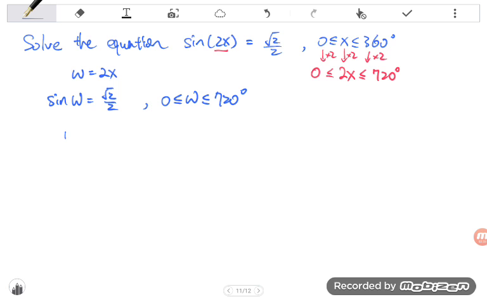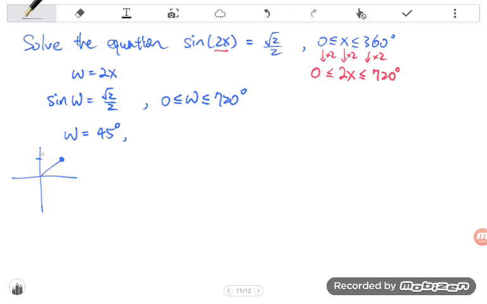So my w, if you remember your trig ratios, could be 45 degrees. If you're not sure, go ahead and make a sketch. So I have 45 degrees.